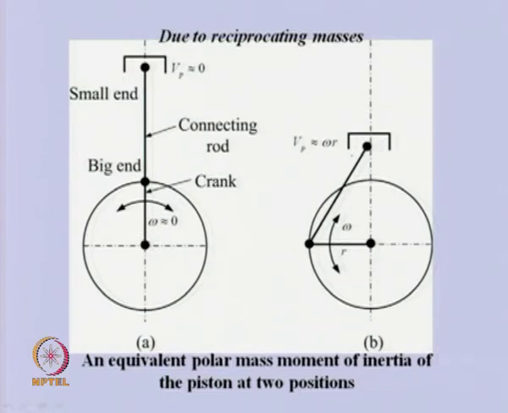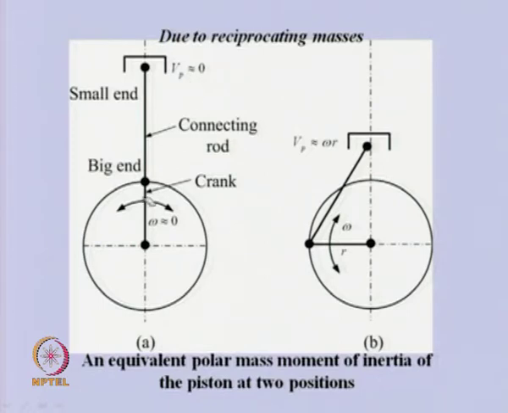If we compare these two, in this configuration, if we try to give some kind of oscillation to this crank, because it is a dead end, hardly any motion of the piston would take place. So, the velocity of the piston will be nearly 0.